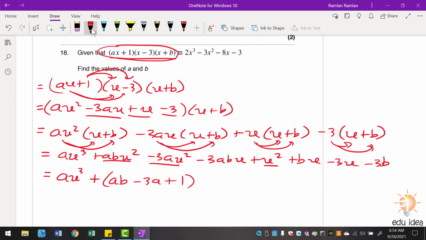So where do I get the ab? From here. Where do I get the minus 3a? From here. And where did I get the 1? We have 1 in here, 1x squared is just x squared. So just write down all of the numbers ab, minus 3a, and 1 inside the bracket, and after that you write down the variable that is the same for all of these three terms, which is x squared.